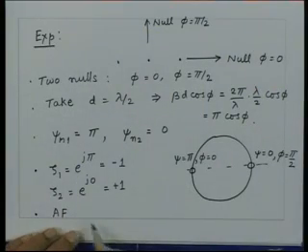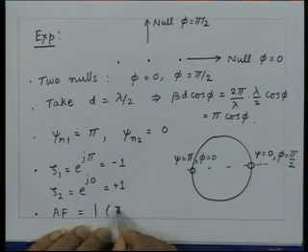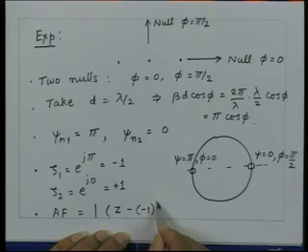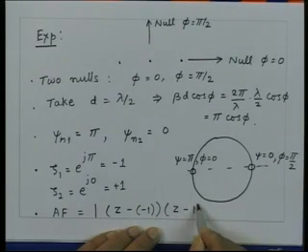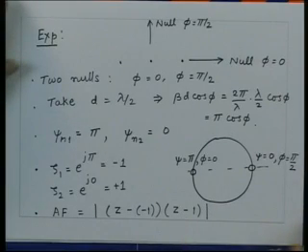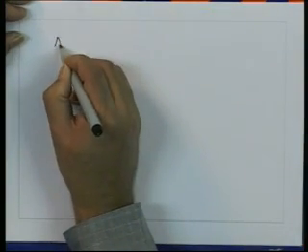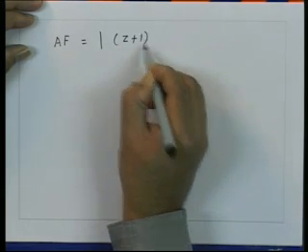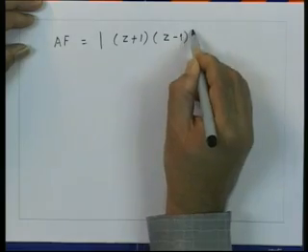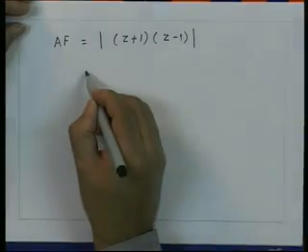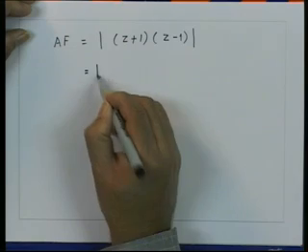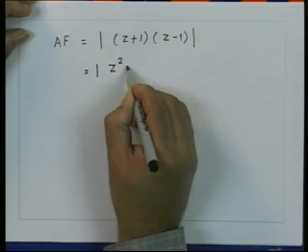So, finally we can get the array factor, which will be equal to mod of z plus 1 into z minus 1, which after multiplying and expanding, essentially we get the coefficients, which will be z square minus 1.